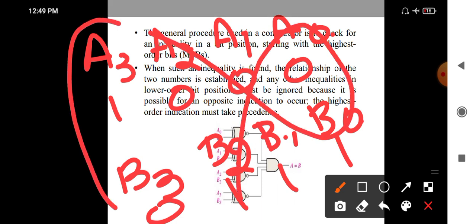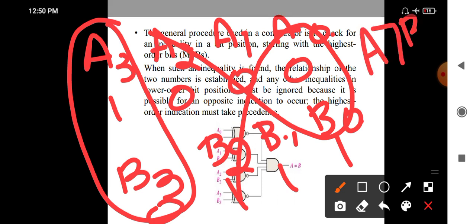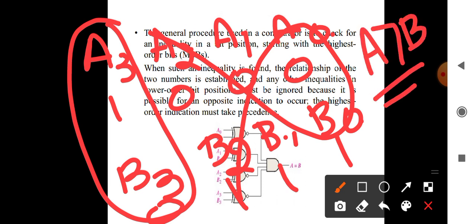Only the highest bit is taken into consideration, and it is told that A is greater than B. So that is right. Why? Because with weights 8 4 2 1, 8 is greater than 7. So that is a3 is greater than b3.